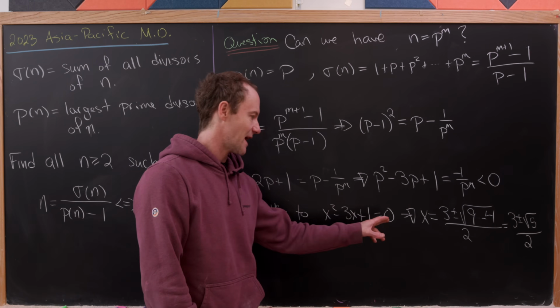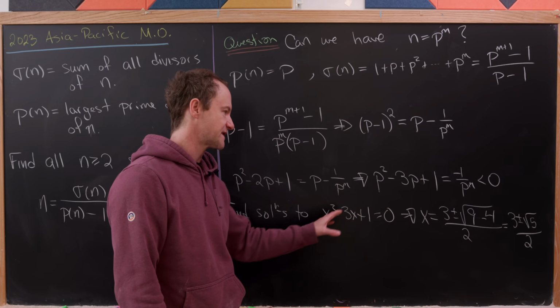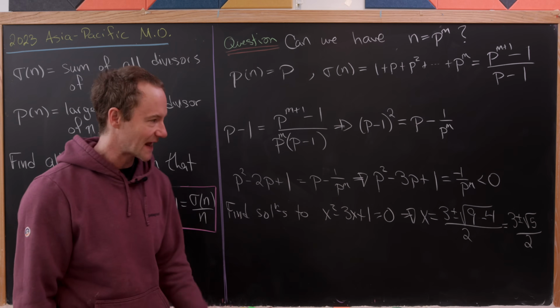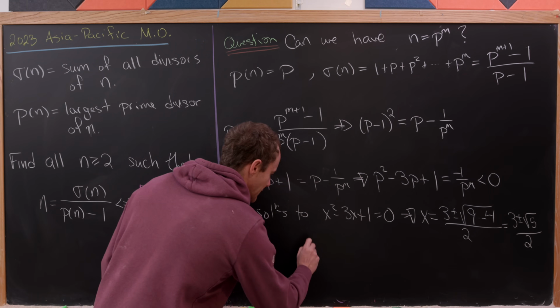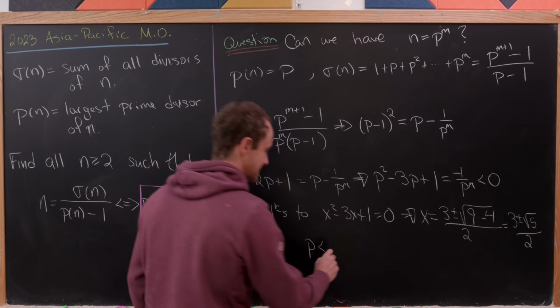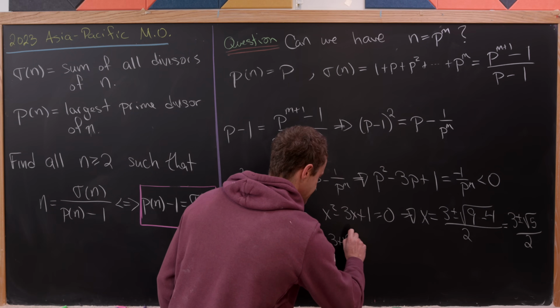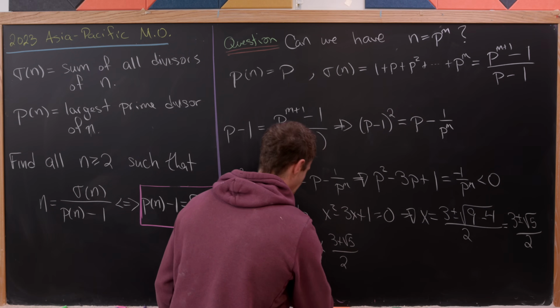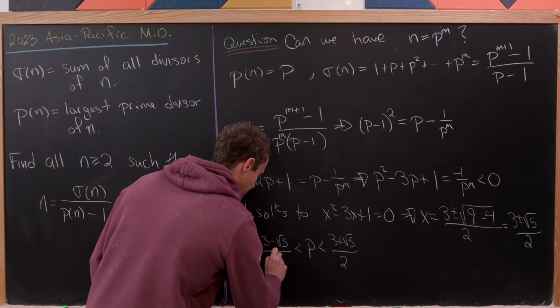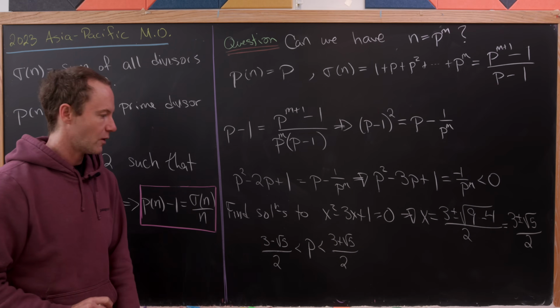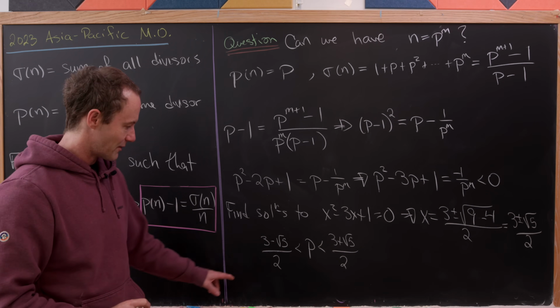So like I said, the places where this quadratic inequality is satisfied is between those two roots. So that means that we have p is less than 3 plus root 5 over 2, and it is greater than 3 minus root 5 over 2. Now, we're going to show that that's going to be problematic.